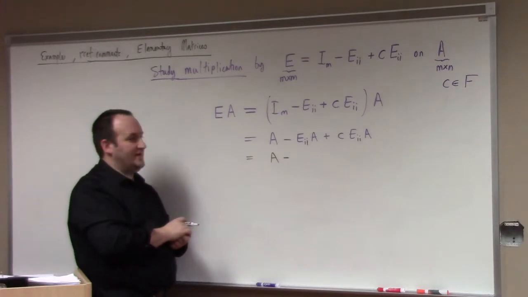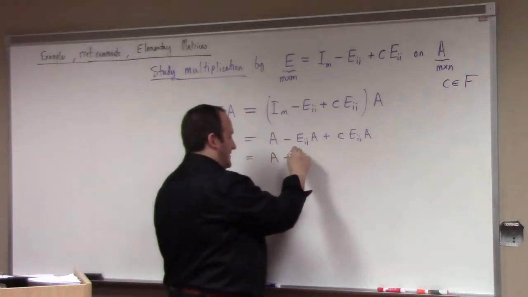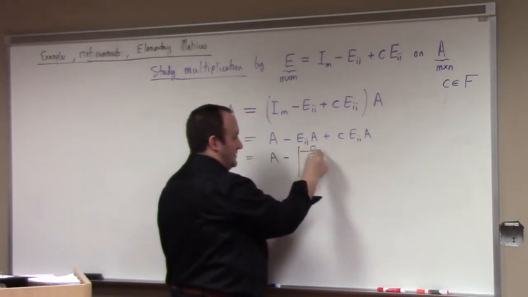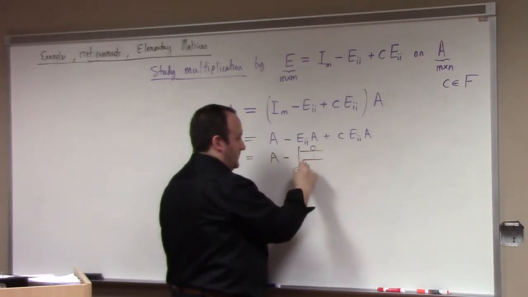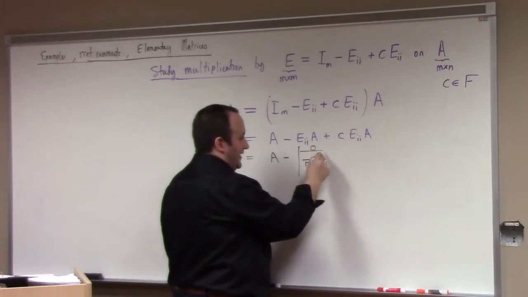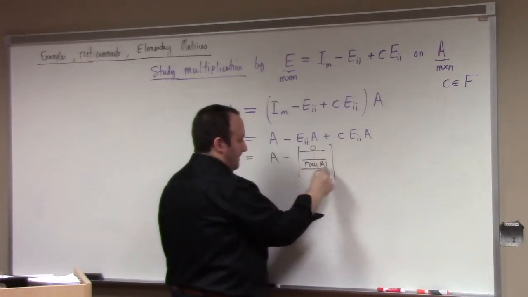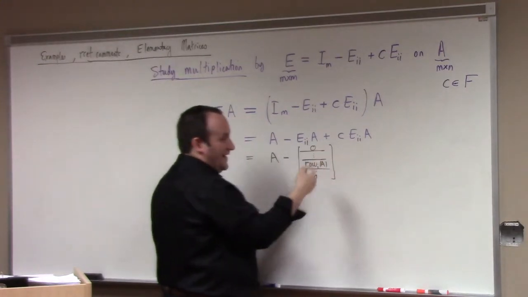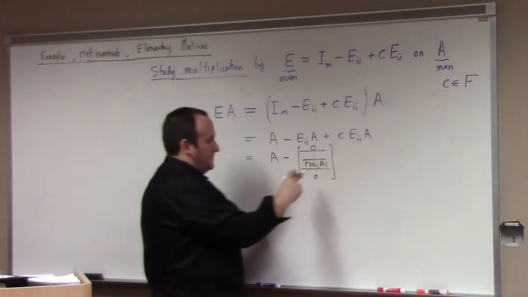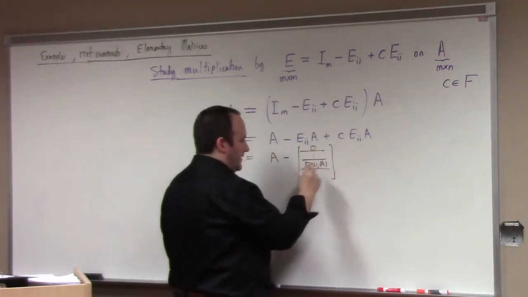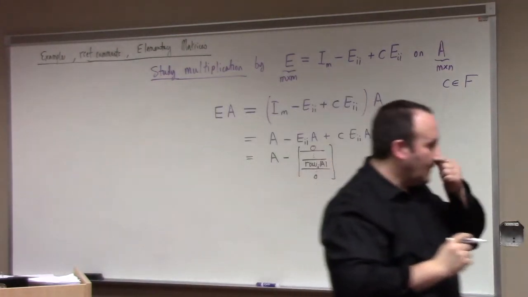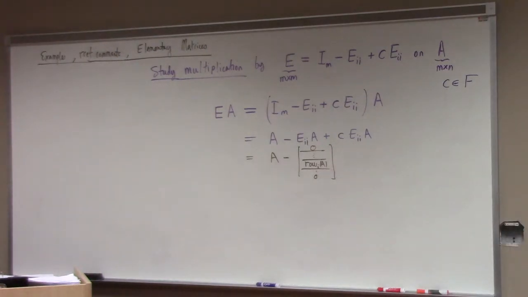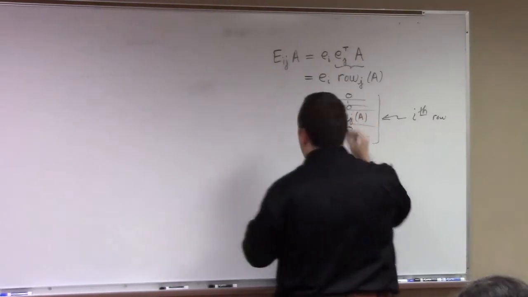Think about it. What is that? Is a matrix that's got zeros everywhere, right? Except where it's got row what? Row i of A. Where is row i? It's in the ith row, right? In this case. And then what's that next thing?